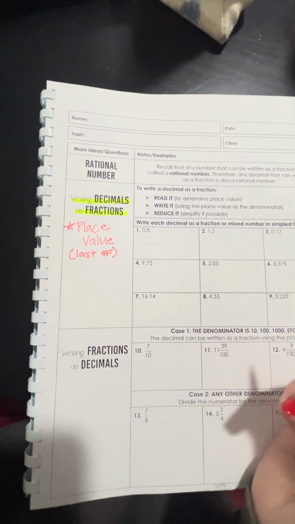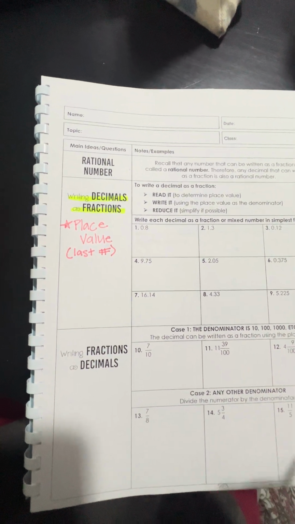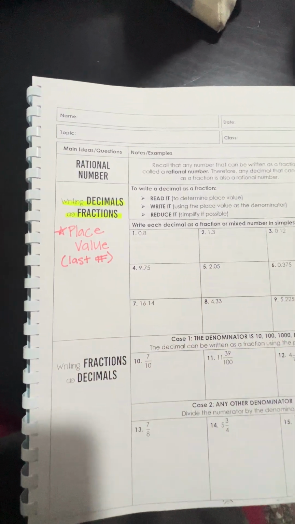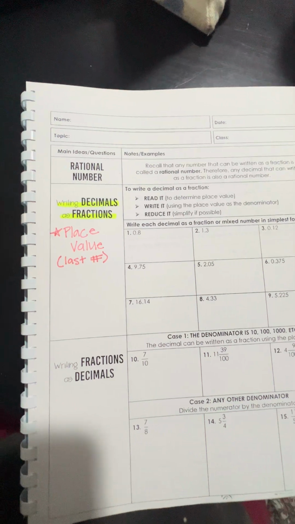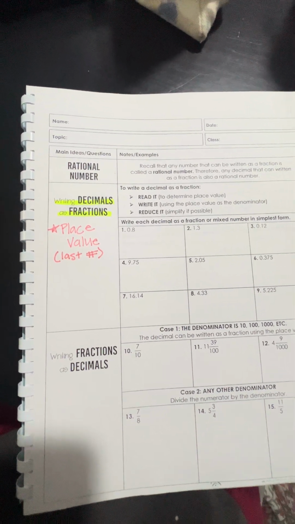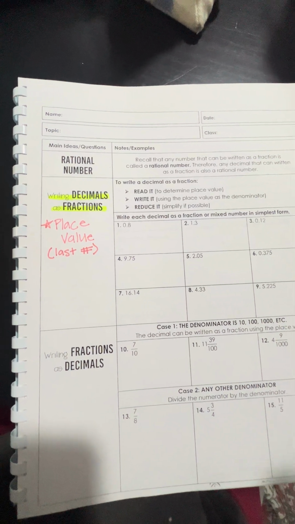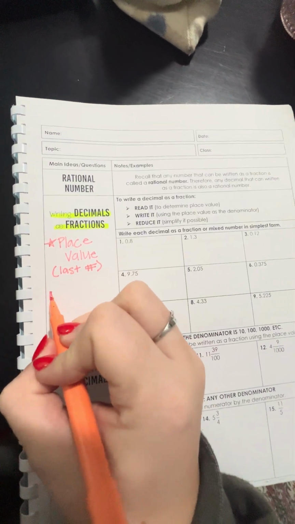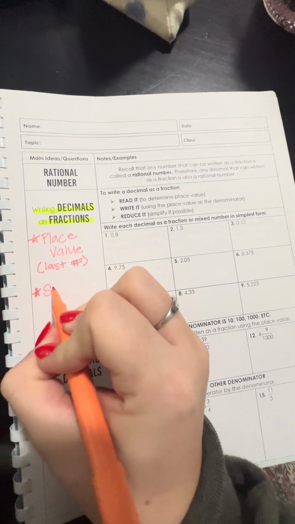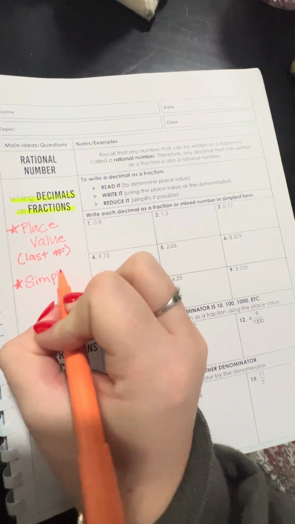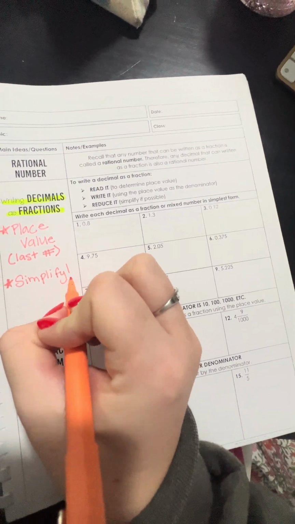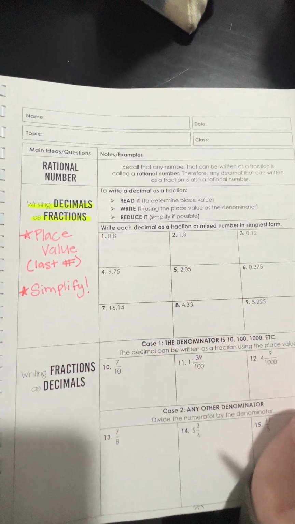Once you determine what the last number is, the number you see is going to become your numerator, and the number that the place value is, or the number is in, is going to become your denominator. And the most important part about this is you need to simplify. I know it's not fun, but in order to get it correct, we need to simplify.